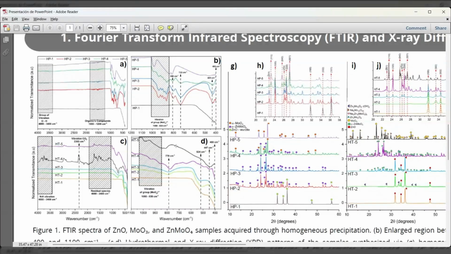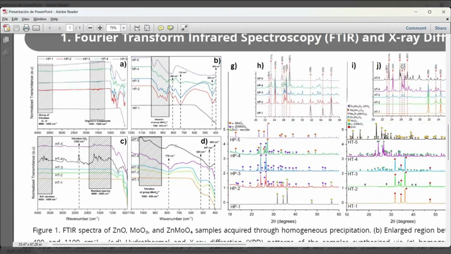In addition, the zinc oxide vibrations associated with zinc oxide and zinc molybdate can be distinguished in the low wavenumber region. For the hydrothermal samples, additional bands related to adsorbed species and surface carbonate species are observed, particularly in the molybdenum-rich samples. Overall, FTIR confirms the progressive modification of the metal-oxide bonding environment as the zinc-molybdenum ratio changes.